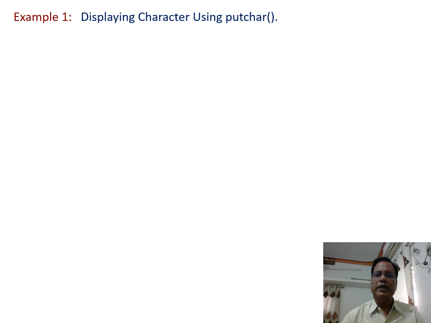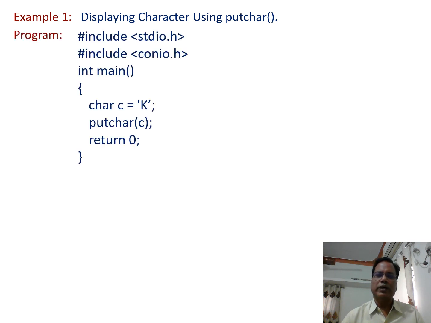Now let us see an example program displaying a character using putchar. In this program we are again using stdio.h as well as conio.h header files. The first statement in the main function is char c = 'k', where k is included in single quotation marks.